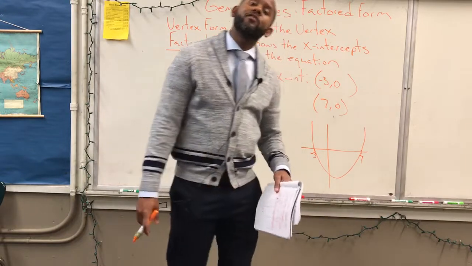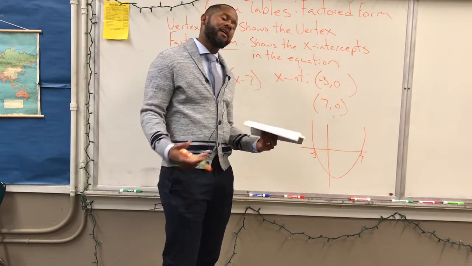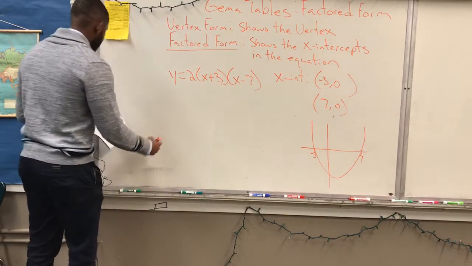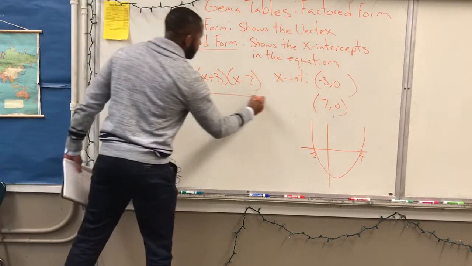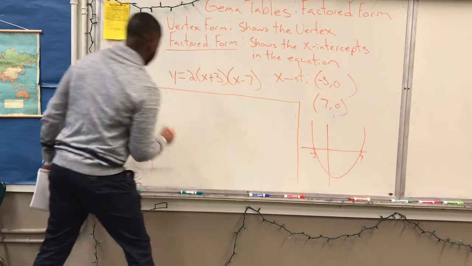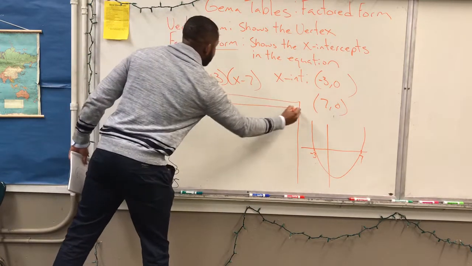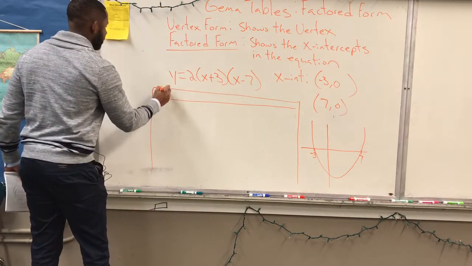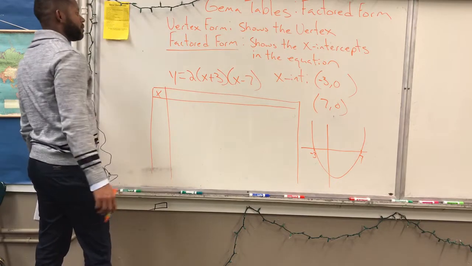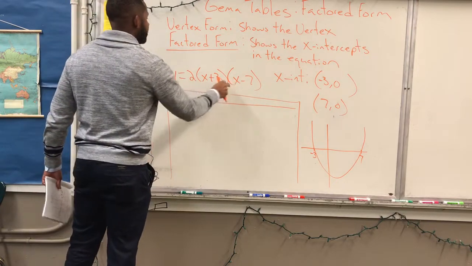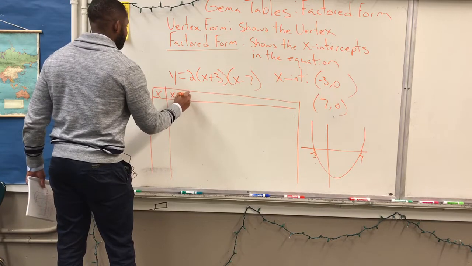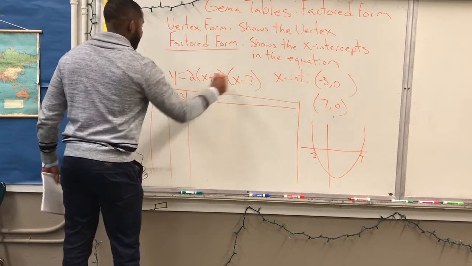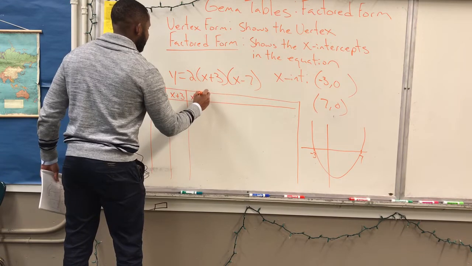Now the way that I do these Desmos tables, the idea is the same, but they work a little bit differently. So let's just go right here. So let's make a pretty basic looking Desmos table, right? And as always, I start with x. But here's where it's different. I'm going to show the creation of both of these. So here, I'm going to have x plus 3. And here, I'm going to have x minus 7.